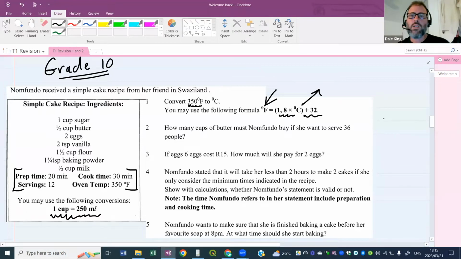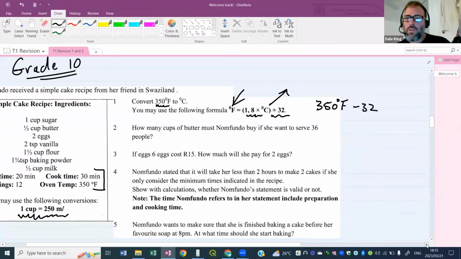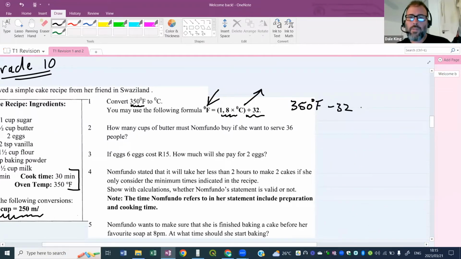Okay, so work from your outside in towards the variable you're trying to get, or the unknown that you're trying to get. Okay, so we're going to take 350 degrees Fahrenheit. First, we're going to subtract 32, and then we are going to divide by 1,8.